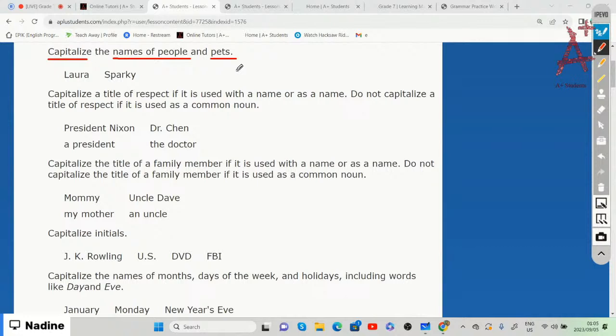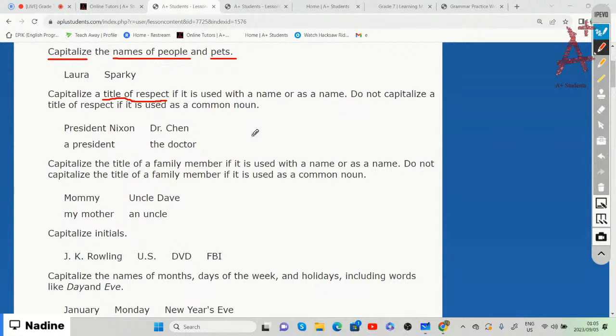All right, so we also capitalize, other than capitalizing the names of people, names of pets, and the start of a sentence, we also need to capitalize a title of respect, right?